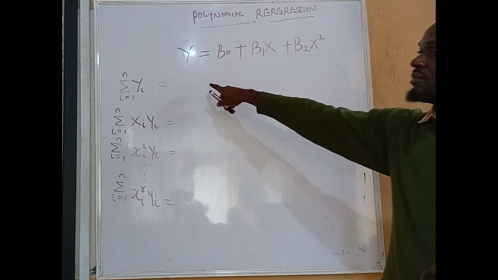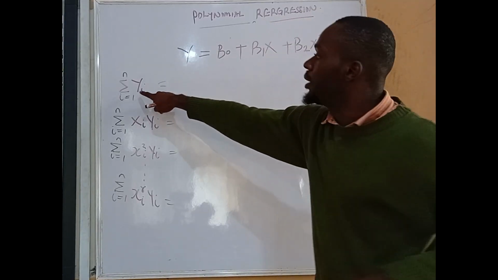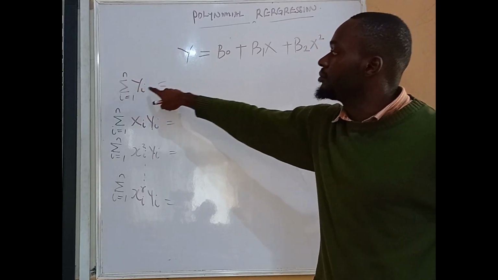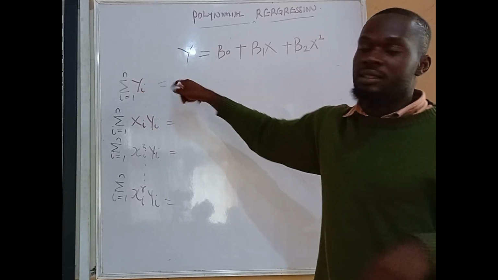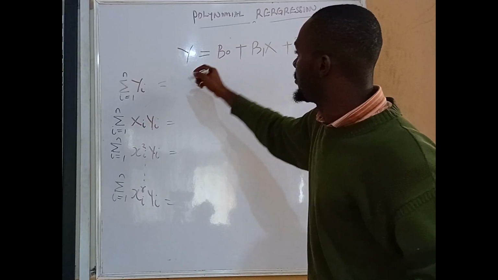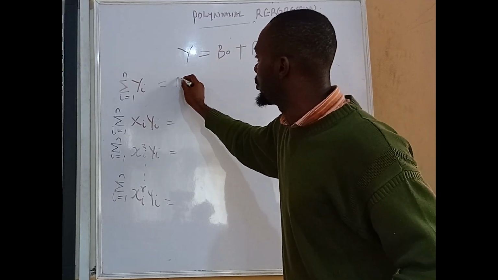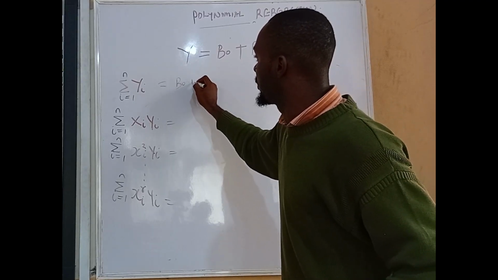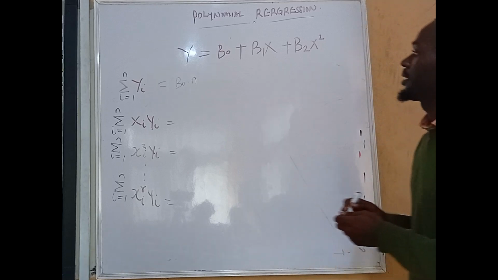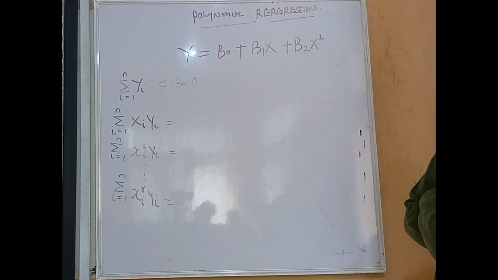So let's develop the equation. This one doesn't have x here, so the first term will not have x. It will be b naught times n.